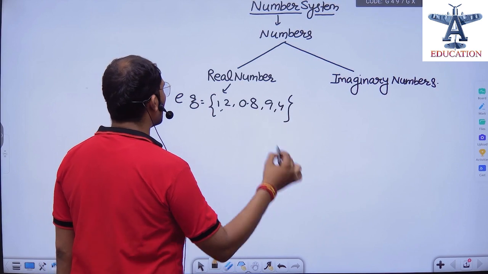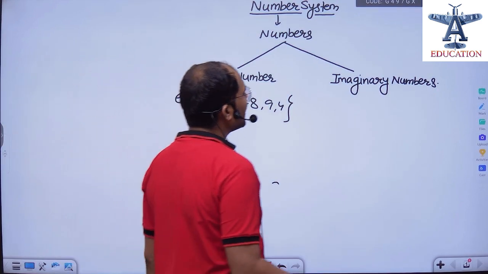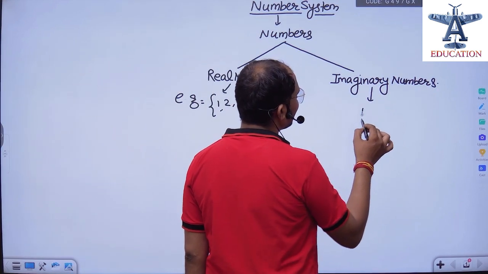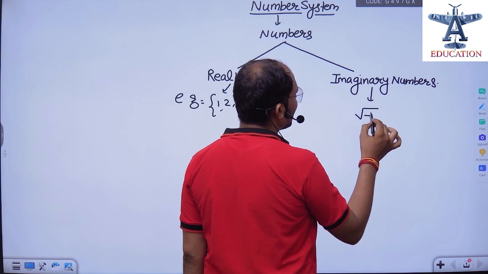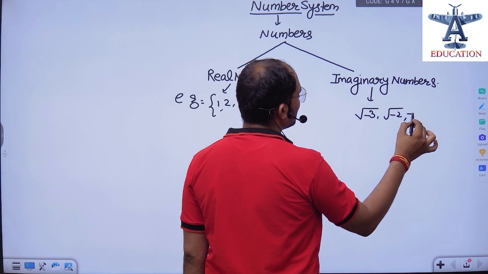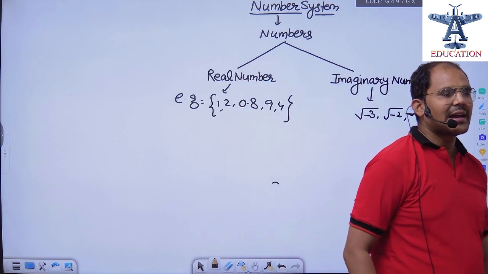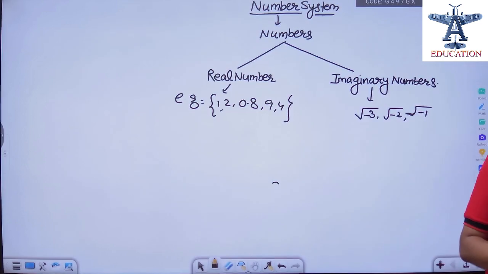These are known as real numbers. And imaginary numbers are like square root of minus 3, square root of minus 2, square root of minus 1. These are known as imaginary numbers.